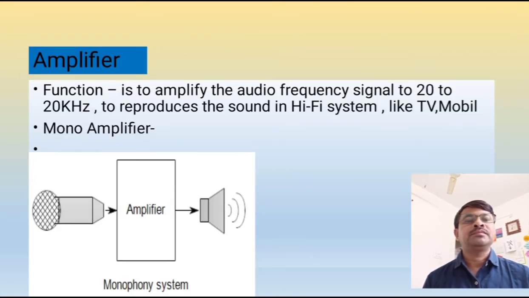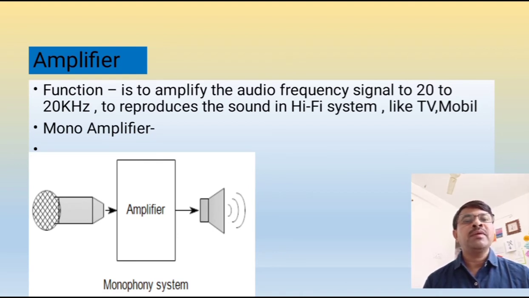Amplifier. The function of amplifier is to amplify the audio frequency signal or weak signal in the range of 20 Hz to 20 kilohertz. So to reproduce sound in the hi-fi system like television unit or mobile unit, there are two types of amplifier used.